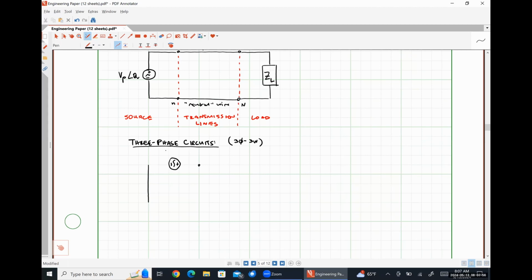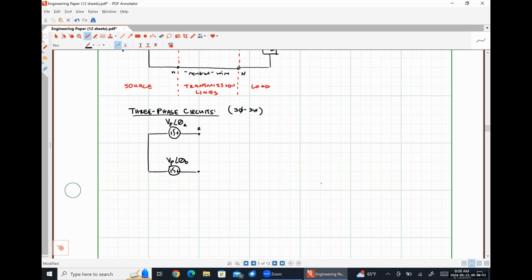Here we have some RMS phase voltage VP with an angle that I'm going to call theta A. We'll have some RMS phase voltage VP with an angle of theta B connected to our B terminal.